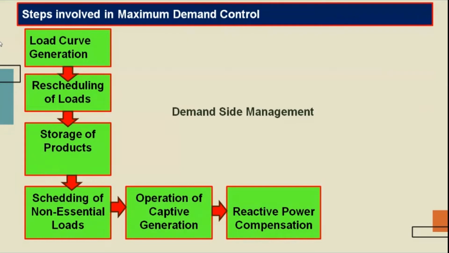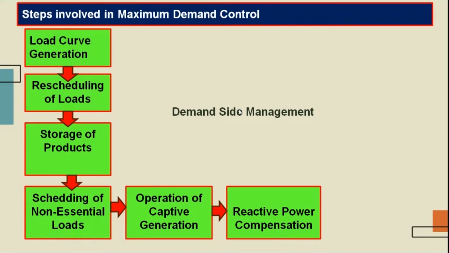We will see in detail what all these points are. Then rescheduling of loads, then storage of products, then shedding of non-essential loads, then operation of captive generation, and reactive power compensation. These are the various steps involved in demand side management. Let us see one by one.